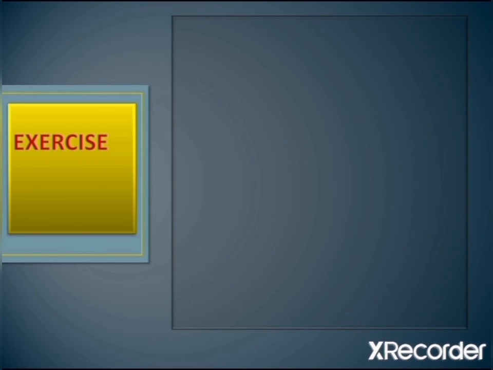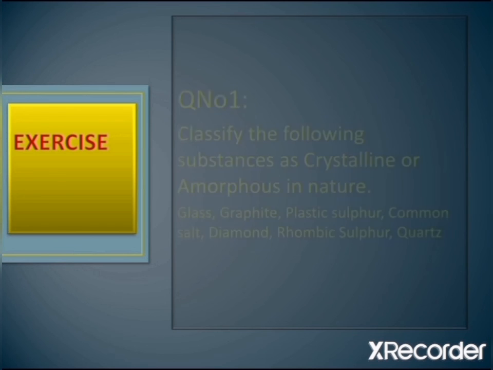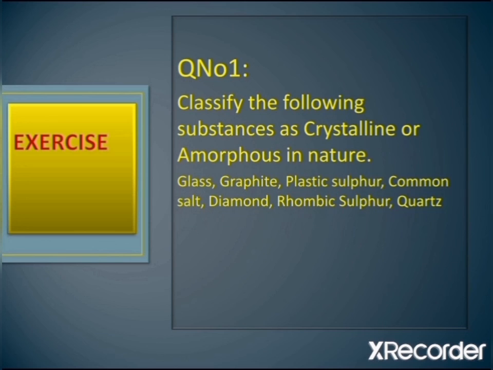Now, at the end of today's lesson, I am going to give some questions for you to exercise. Question number 1. Classify the following substances as crystalline or amorphous in nature. I hope you can easily differentiate between these two types.